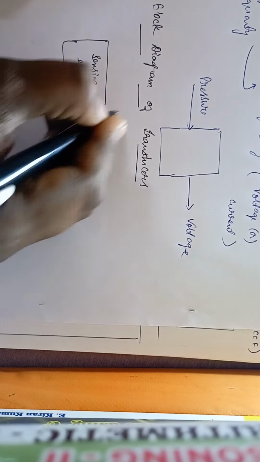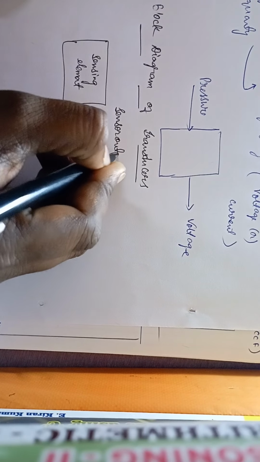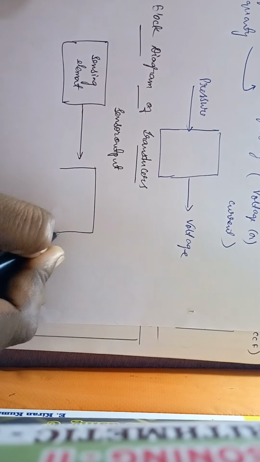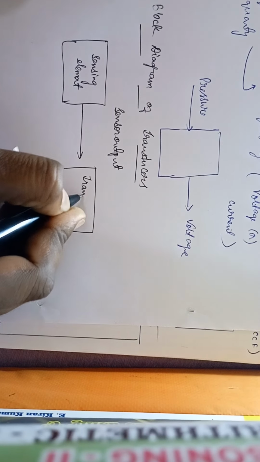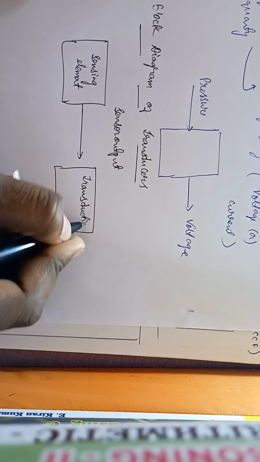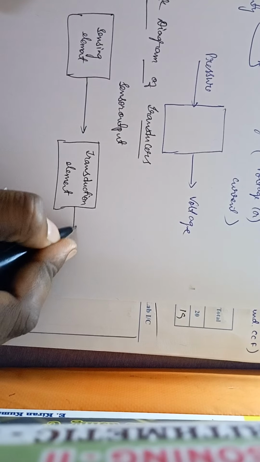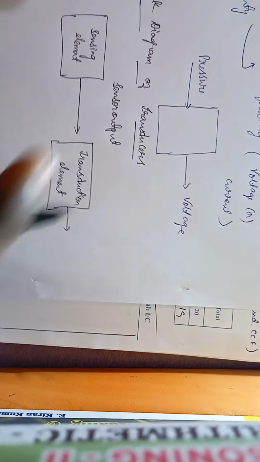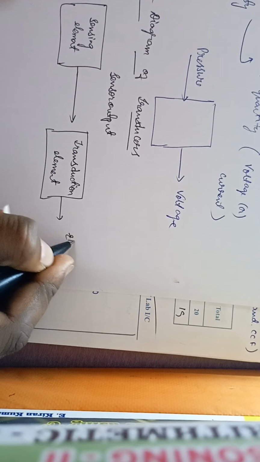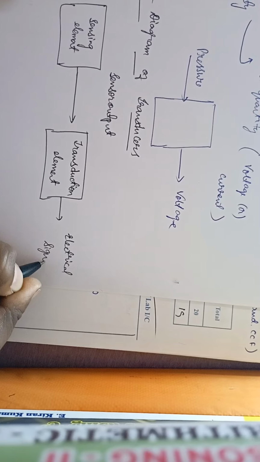Whatever the sensor output is, we will be giving to a transduction element. And what will be the output? As we said earlier, the output will always be an electrical quantity. We can take an example of an electrical signal as an output.